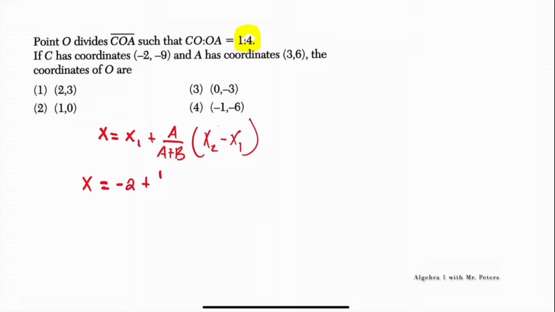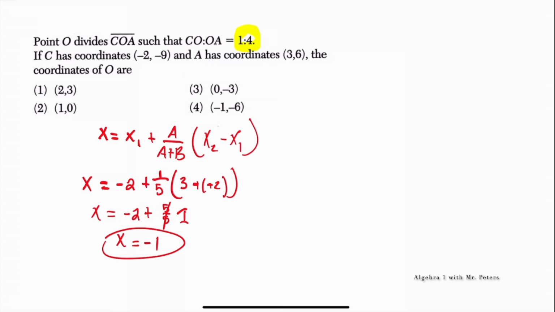So when we substitute, this is going to be 1 over 5, and then X2 is just going to be 3 minus the X1 coordinate, which is -2. So this turns into addition. So X is equal to -2 plus 5 over 5, which simplifies to 1. When we simplify, we know that X is equal to -1. And of our answer choices, only answer choice 4 has the correct X value.